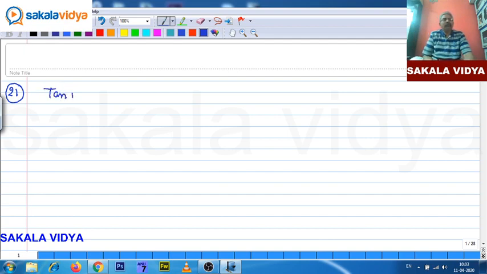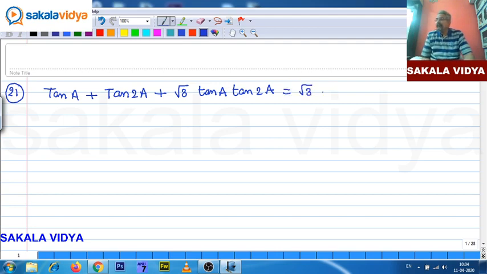Tan A plus tan 2A plus root 3 times tan A tan 2A equals root 3, then the general solution of A by 2.